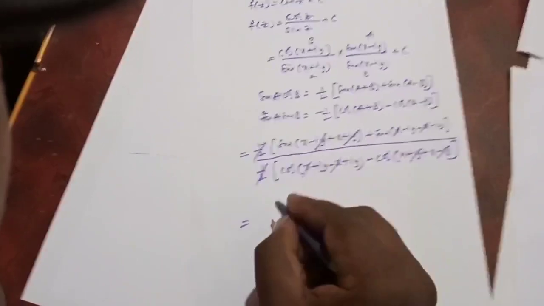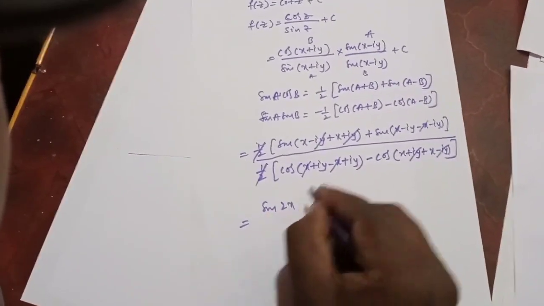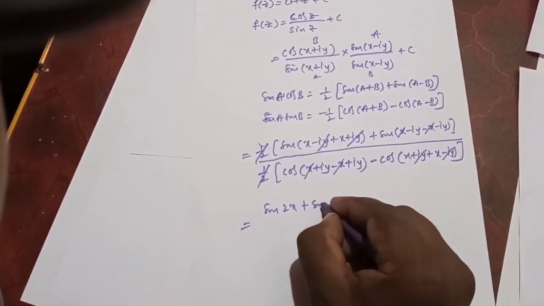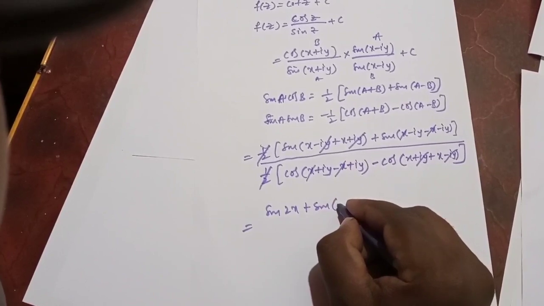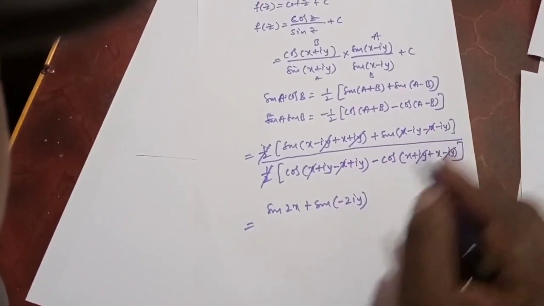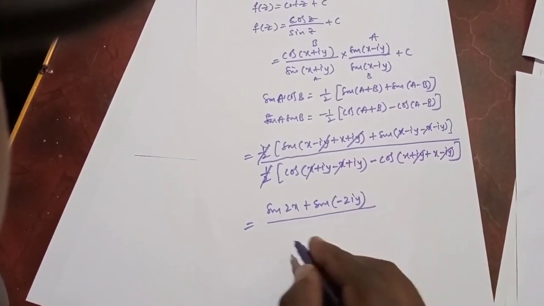We are left with sin 2x, x plus x, sin 2x plus sin of minus 2iy. Here minus iy minus iy is minus 2iy.